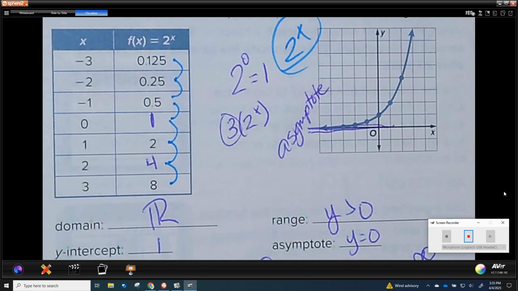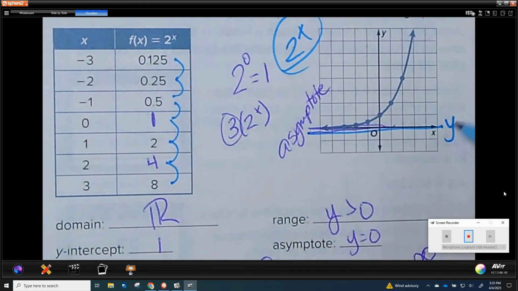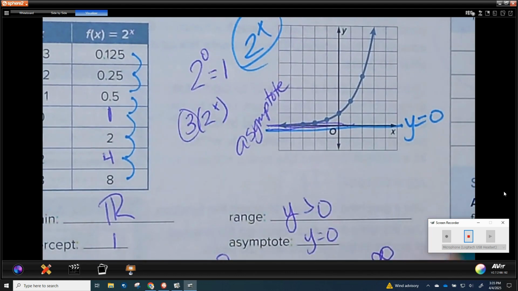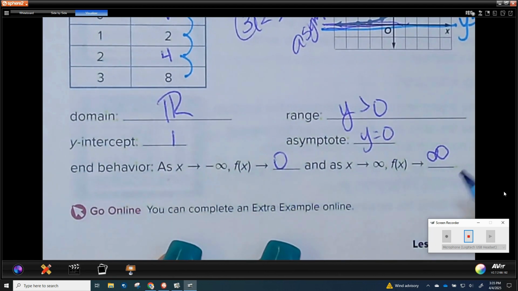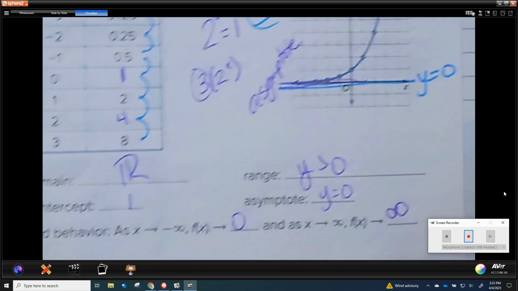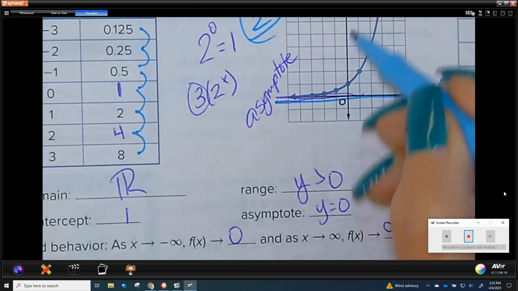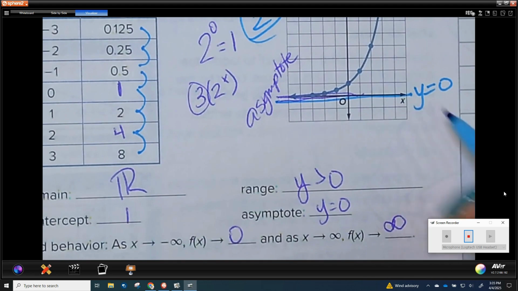The asymptote right here is y equals 0, because it does not ever equal that. And I gave you those examples above. So whenever you have growth without any transformations, your domain is all numbers, because there are arrows on both sides getting wider. Our range is just above 0, not equal to 0. Y equals 0 is the x-axis, and that's our asymptote.